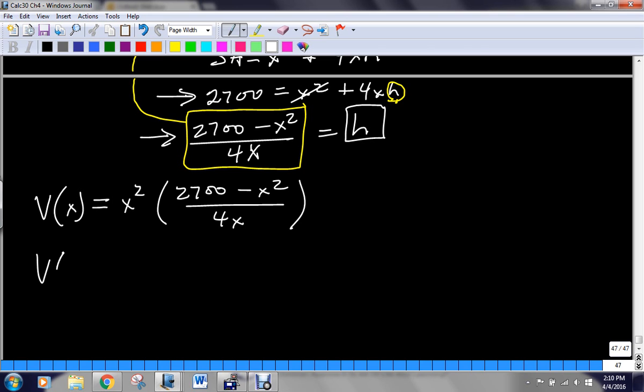So what's another way we could write this? Well, that x squared goes with that x, and we could multiply this x in, so we just get one term. That might be a good idea. So 2700x minus x cubed, over 4. We could do that.